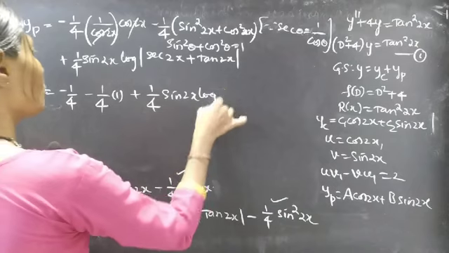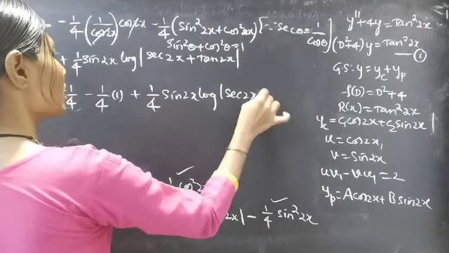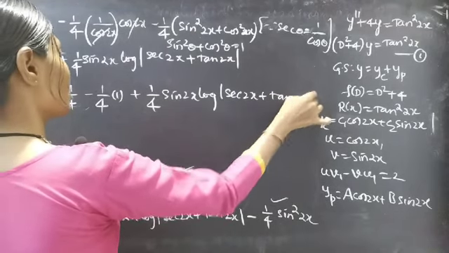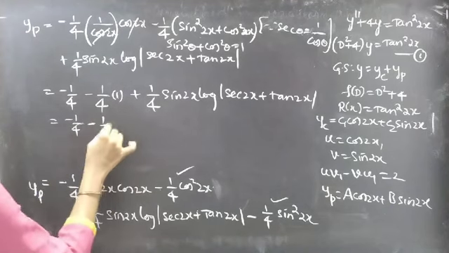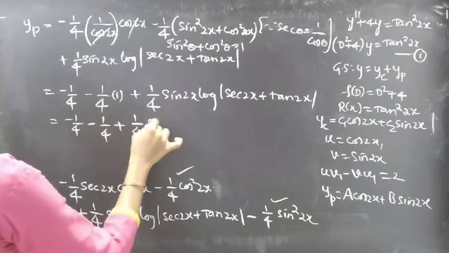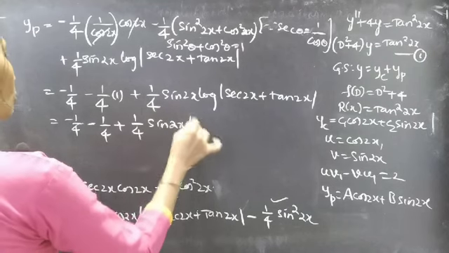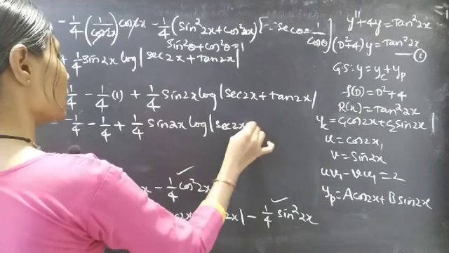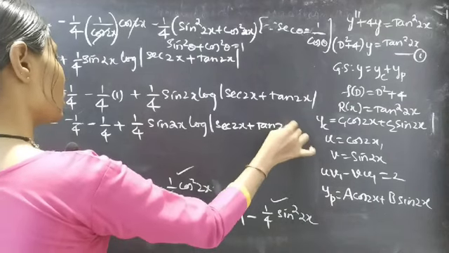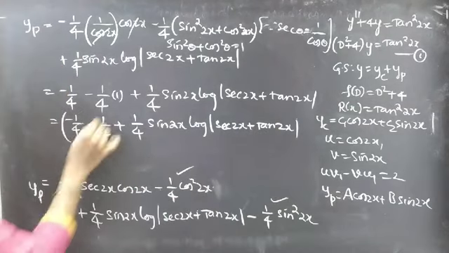sin 2x into log mod secant 2x plus tan 2x, which is equal to minus 1 by 4 minus 1 by 4 plus 1 by 4 sin 2x into log mod secant 2x plus tan 2x.